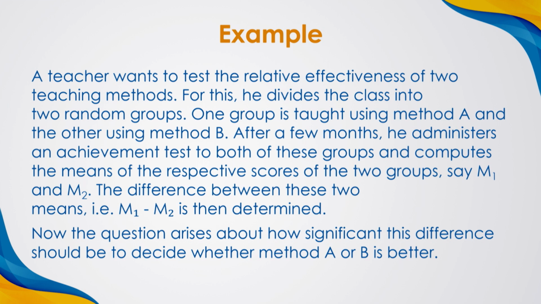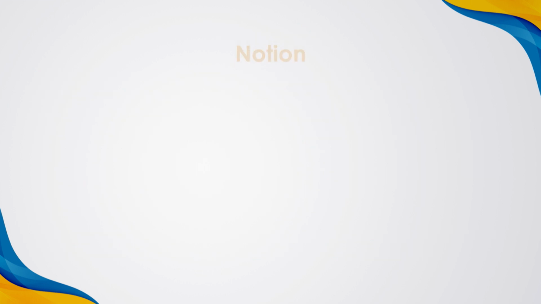The difference between these two means, denoted M1 minus M2, is then determined. Now, the question arises about how significant this difference should be to decide whether method A or B is better.